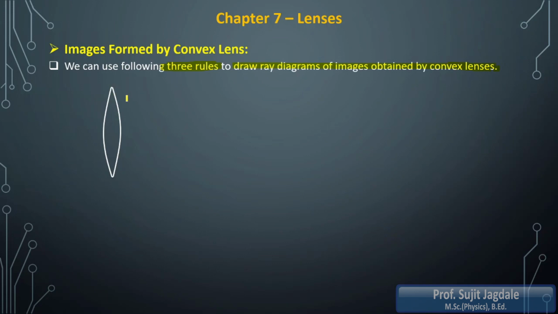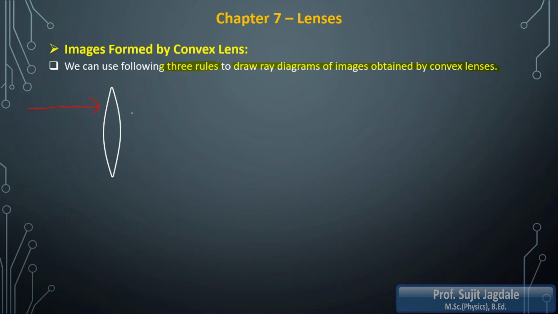Before moving further, I am going to tell you the basic rule of ray diagrams in the case of optical instruments. That is the sign convention, or the basic rule to draw any ray diagram: the incident rays are always going to travel from left to right. They should always be shown from left to right.